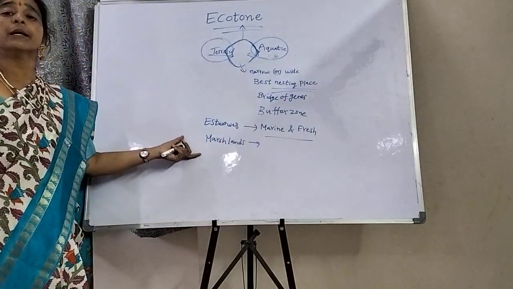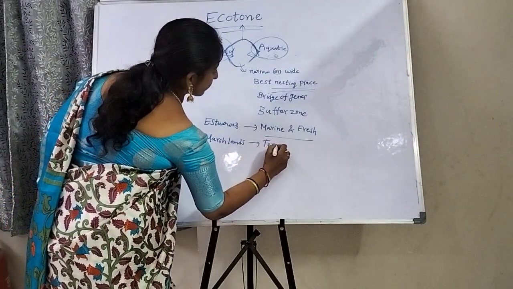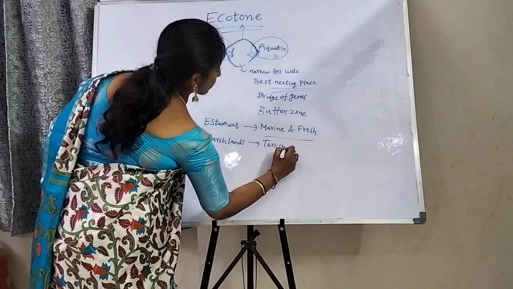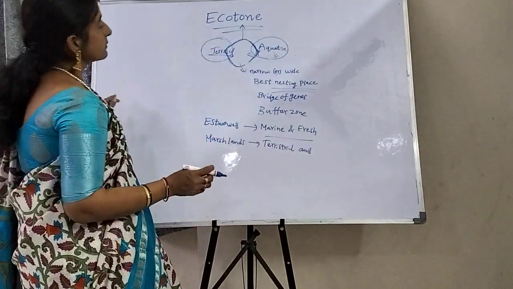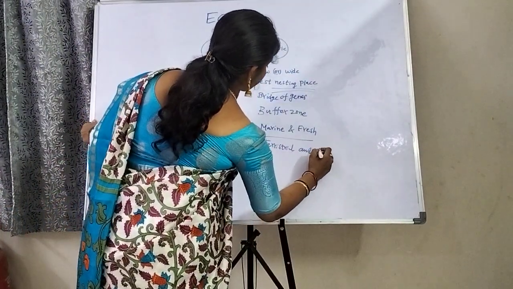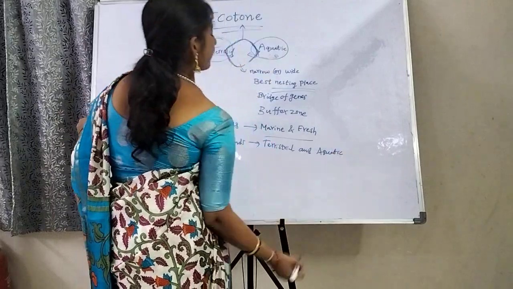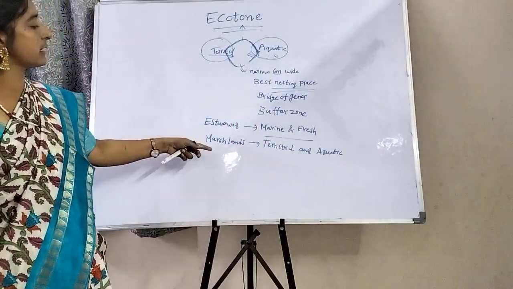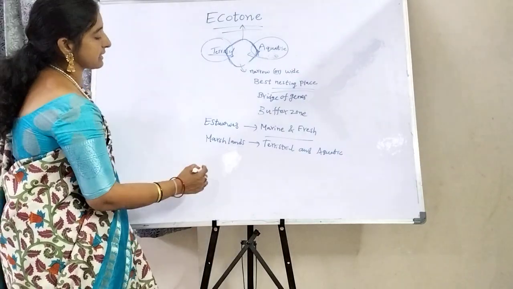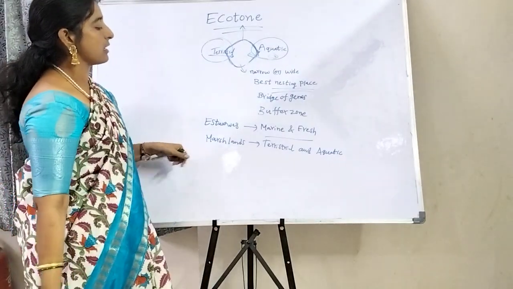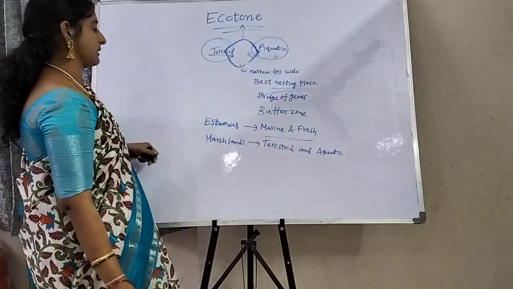Marshland is also between terrestrial and aquatic, with wet and dry places.